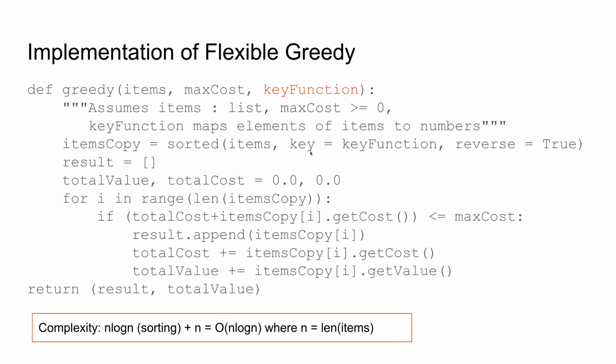Well, sorting, if we're using quicksort or other typical comparison-based sorting algorithm, is O(n log n). And then you have to go through the list once, so it's O(n), where n is the length of items. So the total complexity is O(n log n).